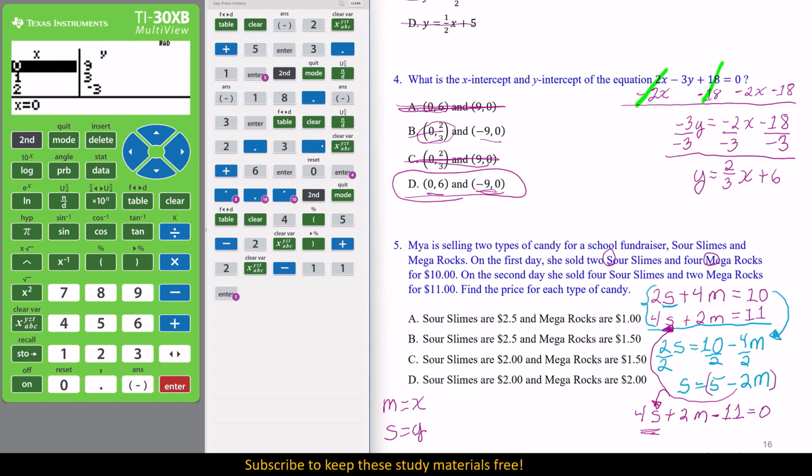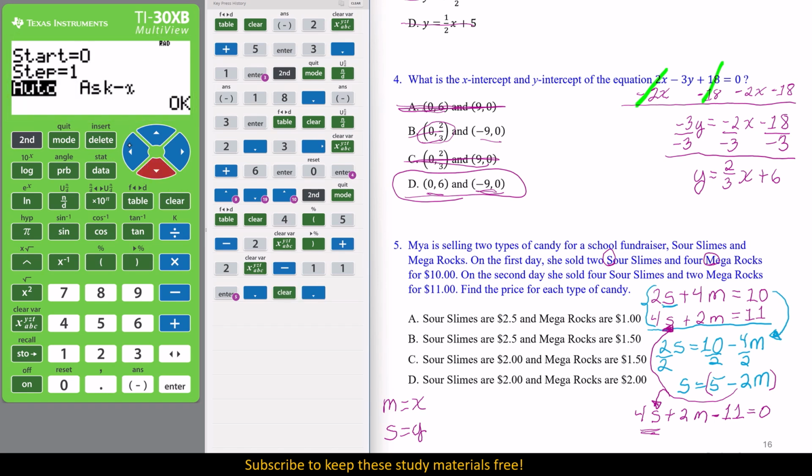Okay, so that tells me that I have the intercept. However, I'm looking for the value of M or X. So I need a 0 over here. My Y needs to be 0. Oh no, look here. It's in between my 1 and 2. So this is what I'm going to do. It's in between. So best guess is to go back and for steps, put in 0.5.